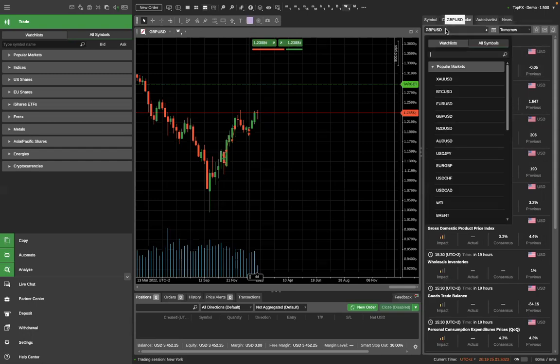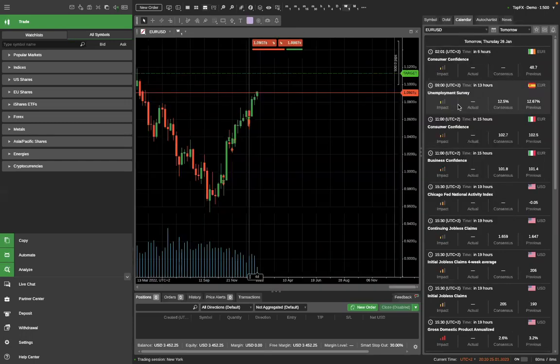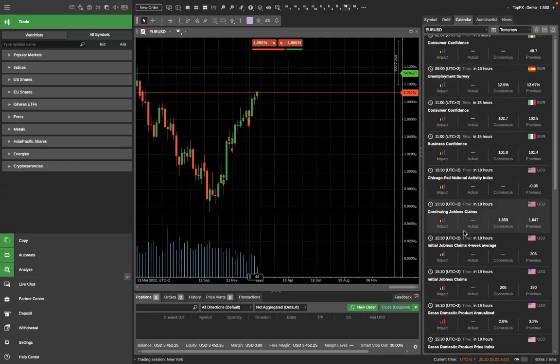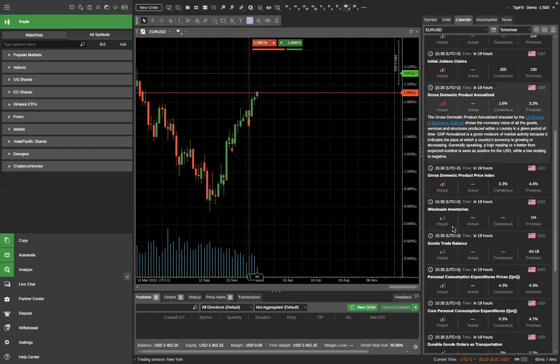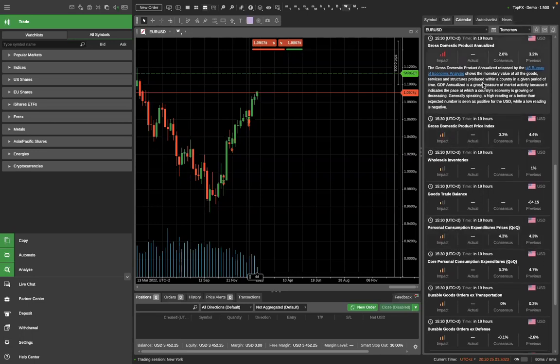Let's find the euro dollar gross domestic product event once again. So this is the gross domestic product annualized. There you go, and let's just put it here on the top. And what I mean by placing alerts is that you might use this opportunity to be informed straight away if price breaks above or below any level that is important to you.